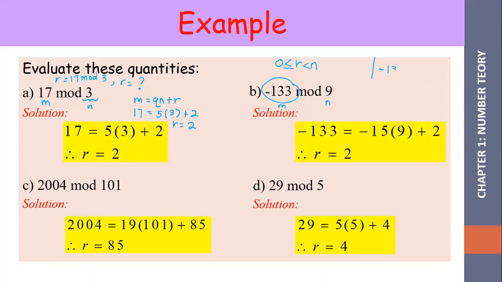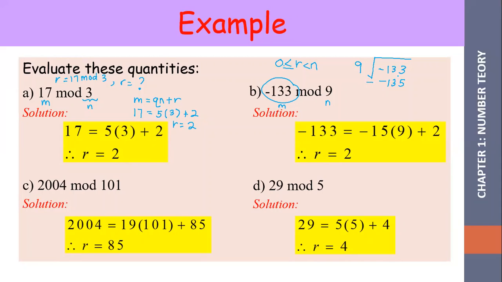So negative 133 divided by 9, you take negative 15 times 9, which gives negative 135.